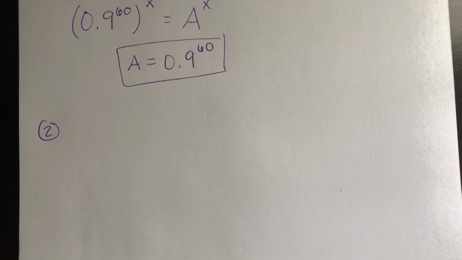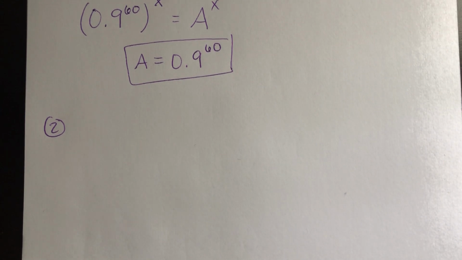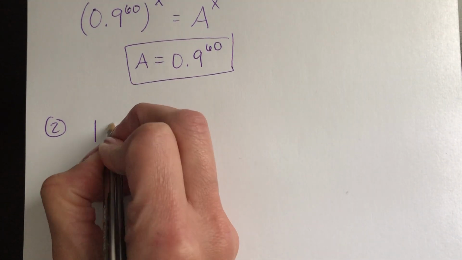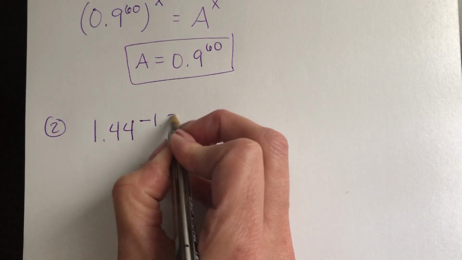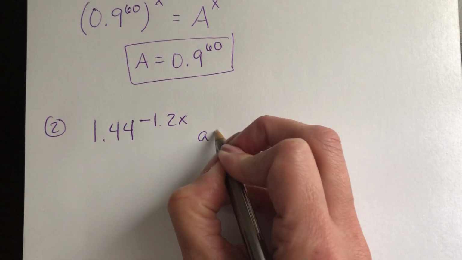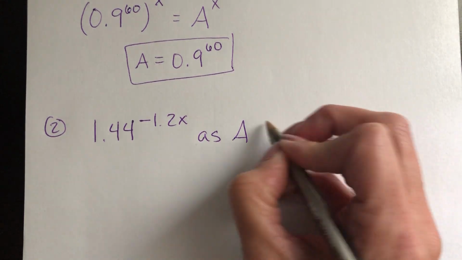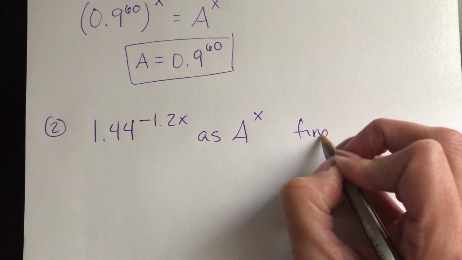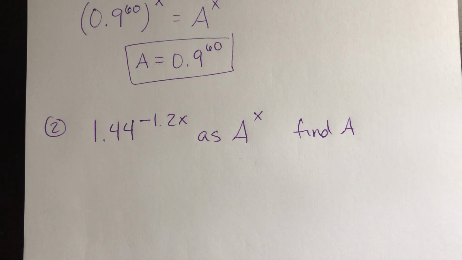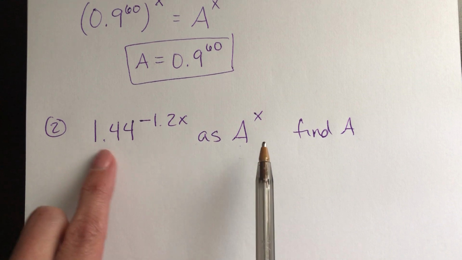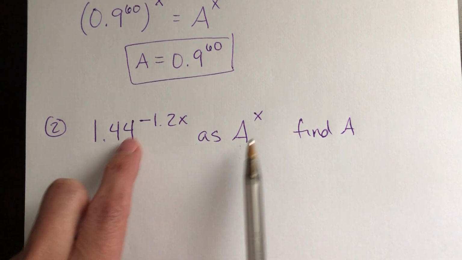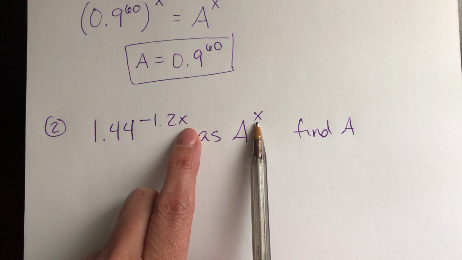All right. Second example, 1.44 to the negative 1.2x. We're rewriting it as that a to the x, and we're trying to find a, just like the last example here. So same thing, I want to make this a to be a base of 1.44, raising it to the x power.